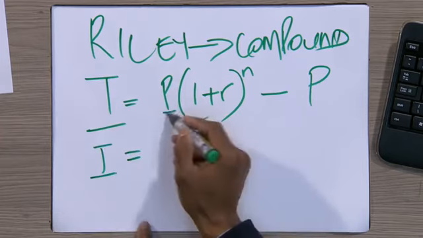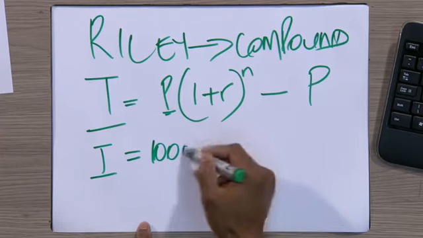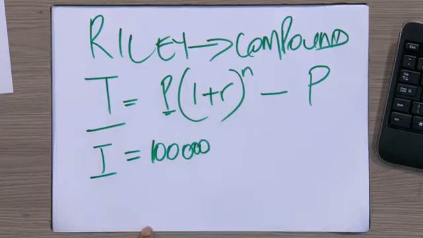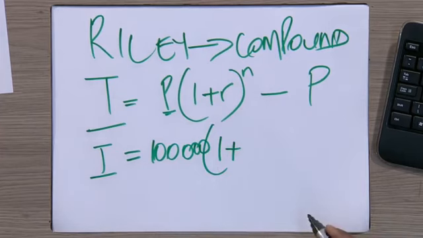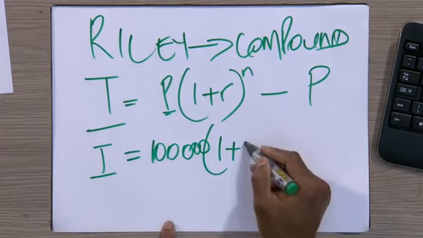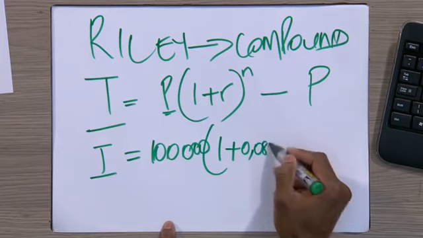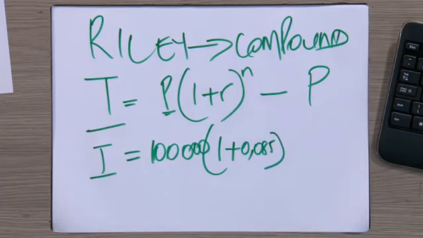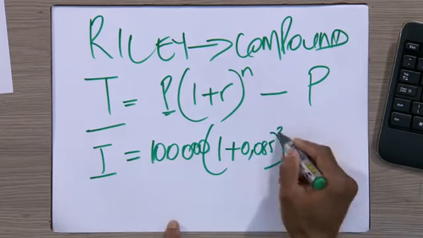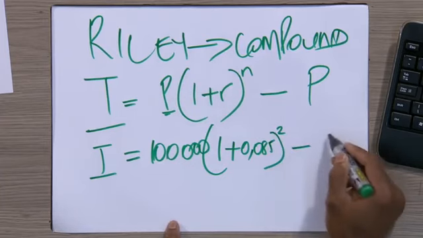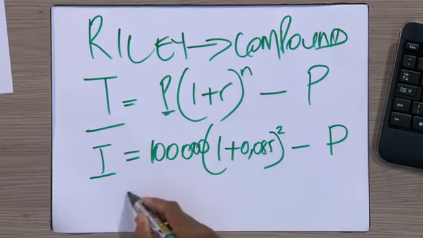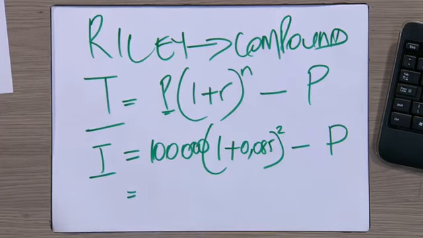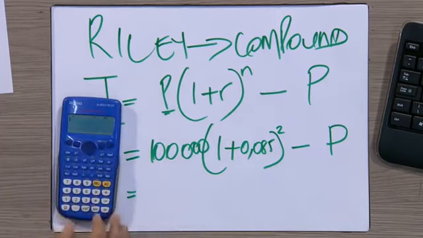We've got P, they both invested 100,000. Open brackets, 1 plus, what was the interest rate? Interest rate was 0.085. For how long? For 2 years. Minus P. And Chantal is going to use a calculator to help us.